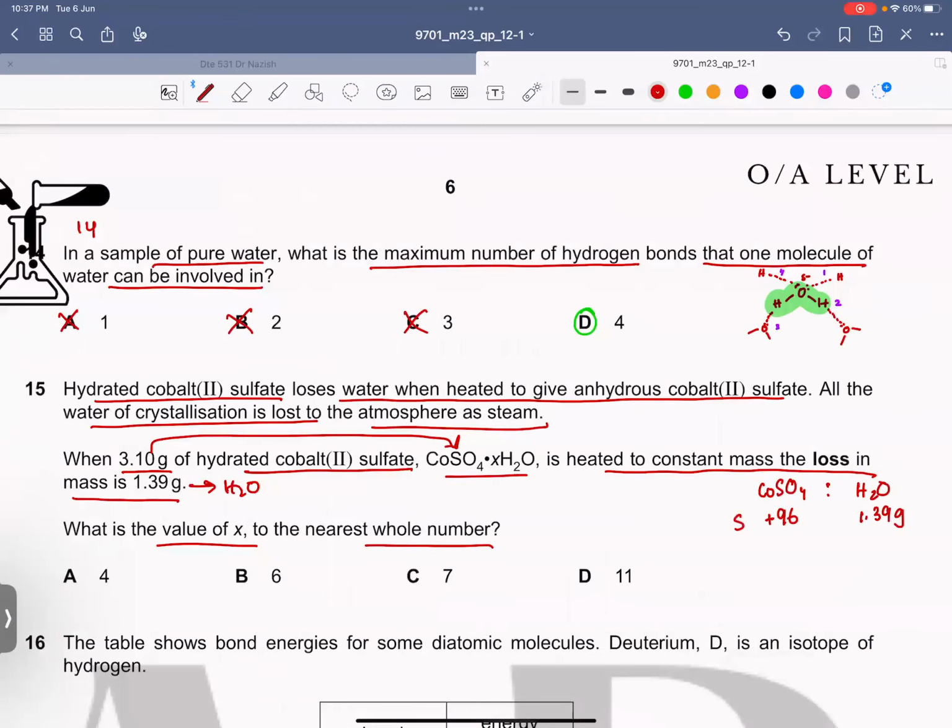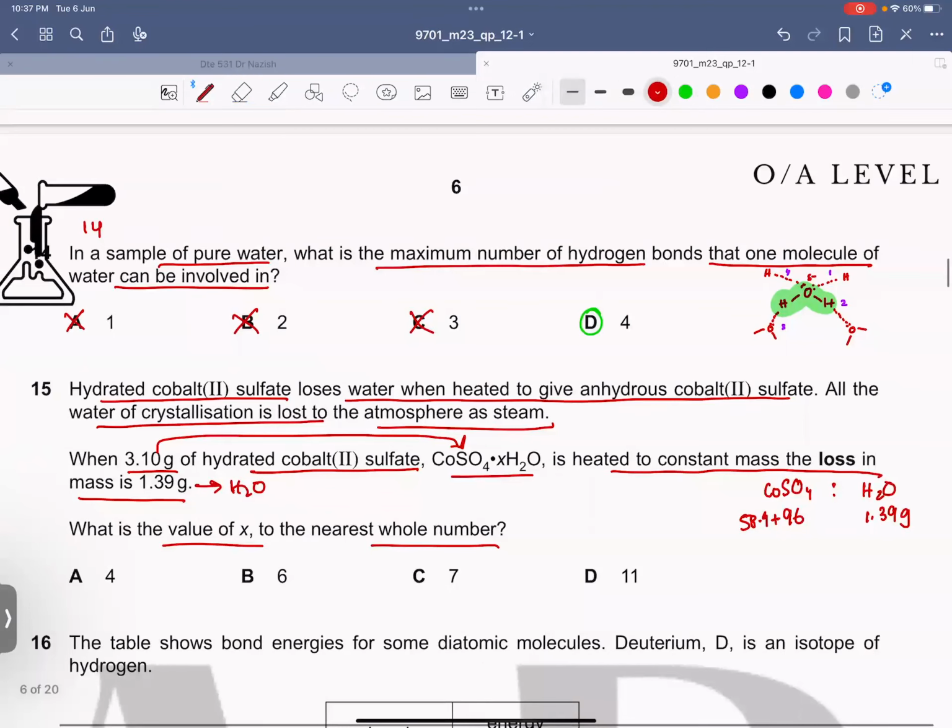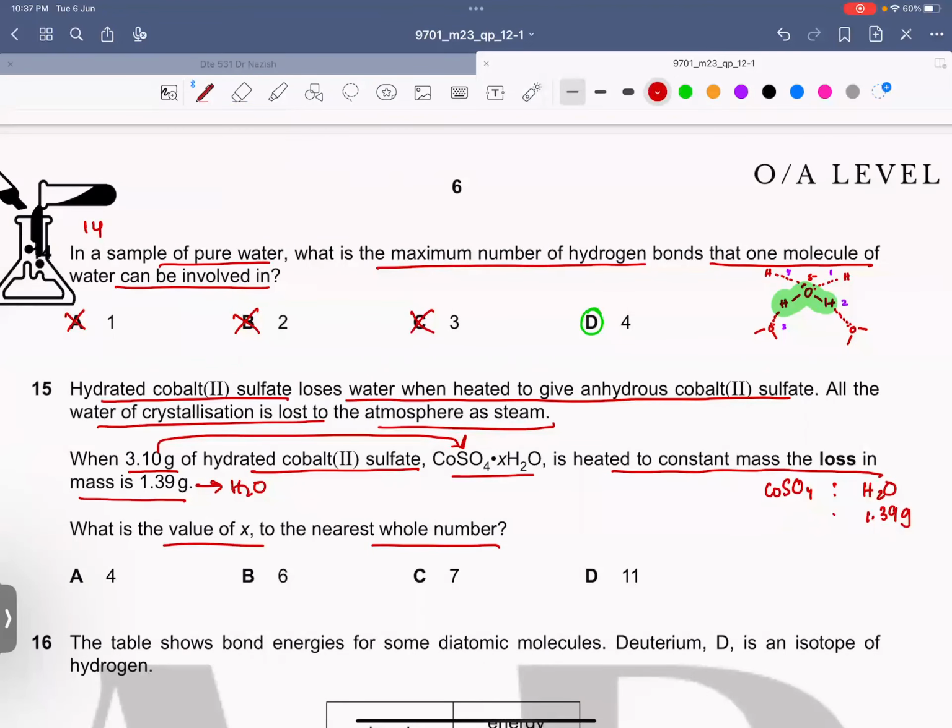So 58.9. If I try to get the mass of anhydrous cobalt sulfate, it is equal to 3.10 minus 1.39.